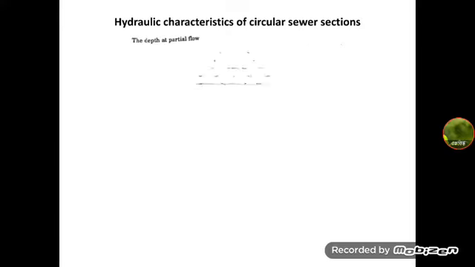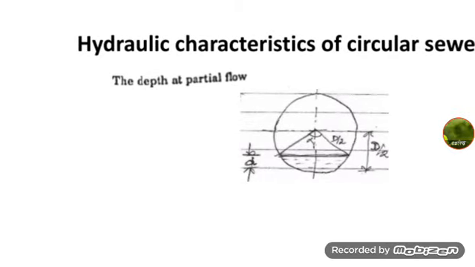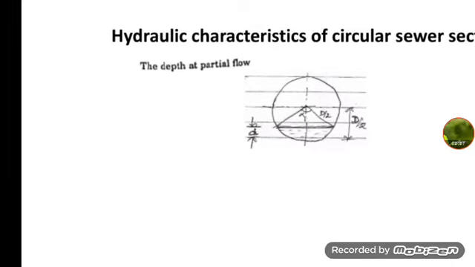So for the depth of partial flow, if you take the circle, half of the diameter is the radius of the sewer, that is capital D by 2, and small d is the depth of flow.